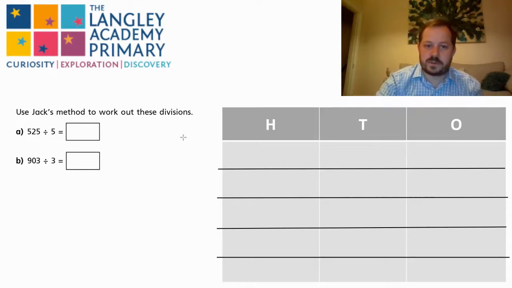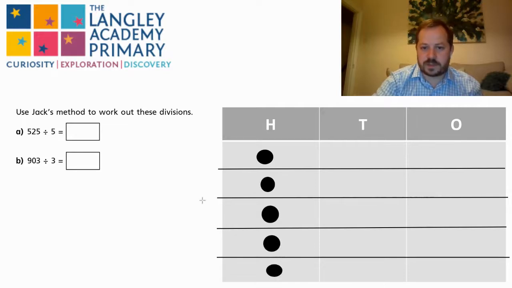The first one is we do our hundreds. We have 5 hundreds, we're dividing by 5. That means we have 1 in each row, like that. Then we're doing our tens. We've only got 2. Now I can't put that 2 tens anywhere.